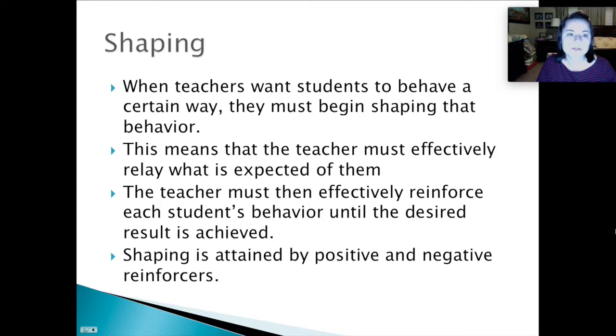When teachers want students to behave a certain way, they have to begin shaping that behavior in the students. This means that the teacher must effectively relay what is expected of them, and the teacher must then effectively reinforce each student's behavior until the desired result is achieved. Shaping is attained by positive and negative reinforcers.